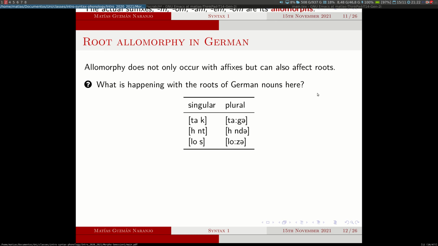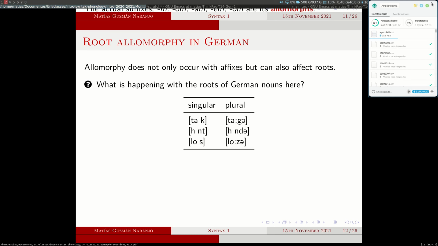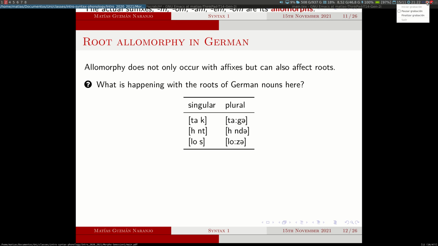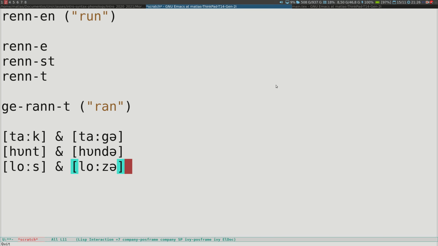Let me pause this for a second and move it back. Okay, sorry for that. Here are the actual sounds. So here this is los, this is Hund, and this is Tag. Yes, so you see that going from the singular to the plural, there is a change in the word, in the stem, right?